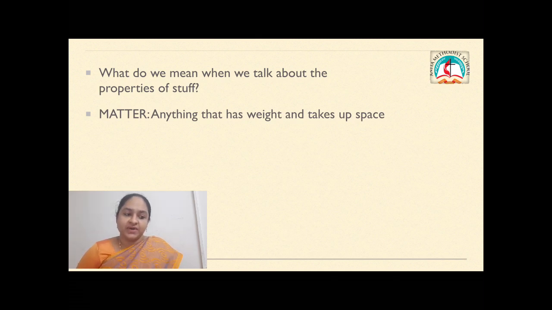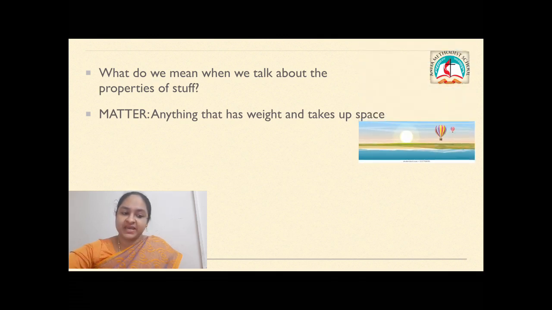Matter. Well, let us recall what we learnt in the last class. The stuff that makes up everything is called matter. Matter is anything that has weight and takes up space. Doesn't make any difference if it is a tiny grain of sand or all of the air that surrounds the earth.